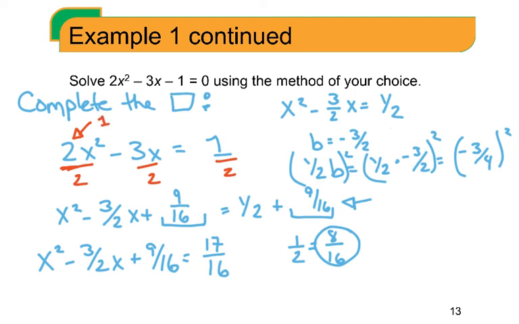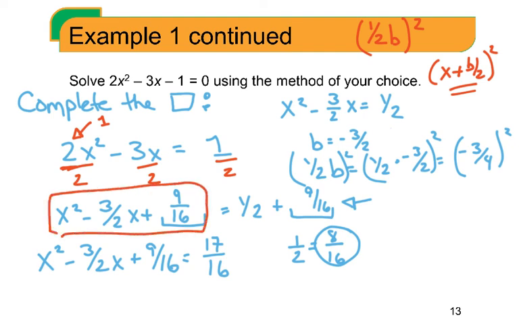And then you have to remember that we need 1 half b squared to complete the square, and you have to remember that this is going to be x plus b over 2 in parentheses squared. That's how it factors. Sometimes that's a little tricky, like factoring this. You had to think about it a little bit.